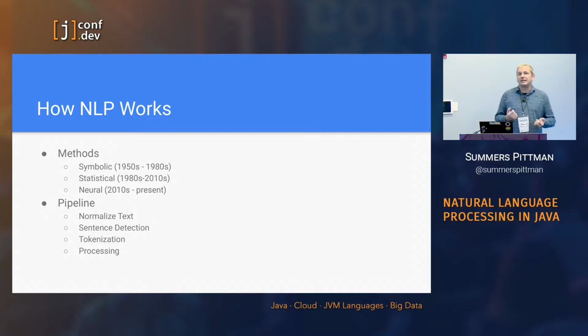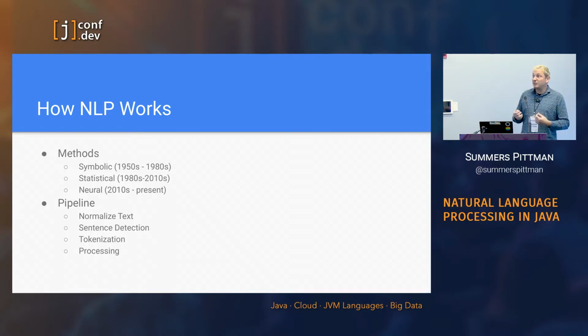Starting in the 80s, computers stopped being slow and stopped being expensive, so we started being able to have statistical methods. And we're going to talk a little bit about statistical methods when we talk about OpenNLP. Statistical methods are a way of analyzing word frequencies and word patterns inside of free-form text to try and associate it with different outcomes that users have provided to the machine for it to look for.